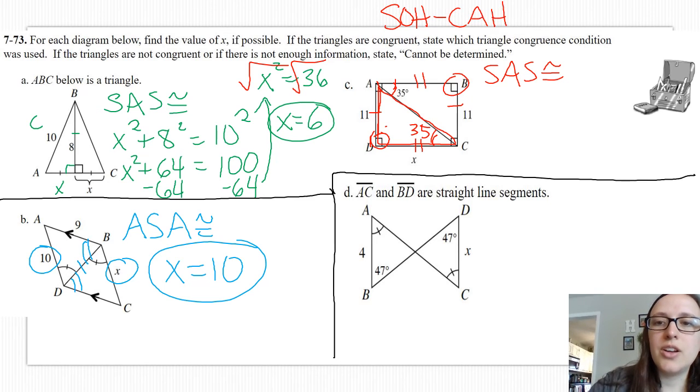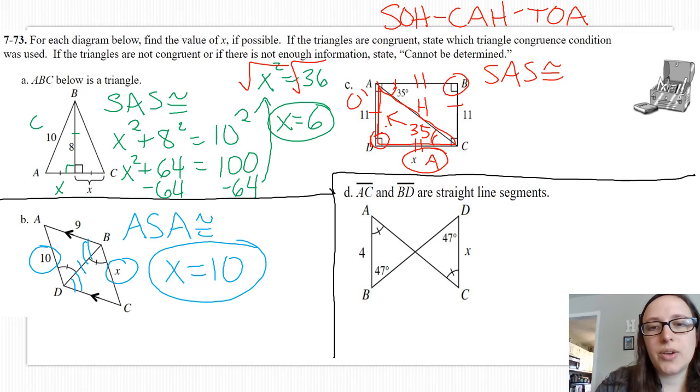Remember, that's our memory device to figure out which one we'll use. So we're going to label the sides first. The side opposite of 35 is 11. This is the hypotenuse right here, which means x is the adjacent. Since we want to find the adjacent and we're given the opposite, OA, we're going to use tangent.